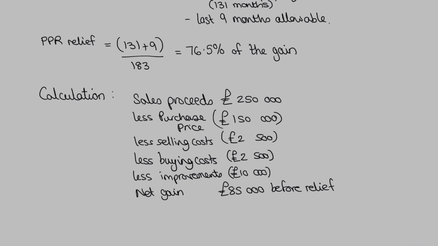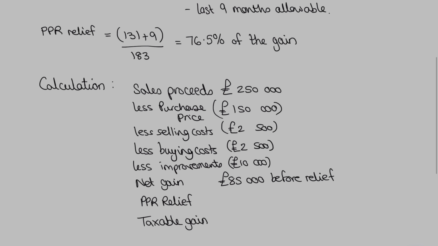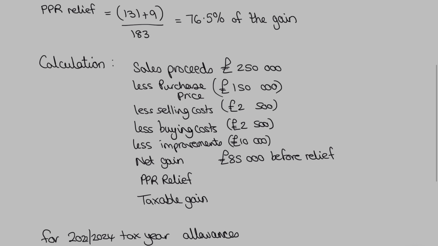And this is where we now need to think about our principal private residence relief. We're going to take that 76.5% and multiply it by our 85,000, which gives us a sum total of 65,025. We can now move this down into our calculation.